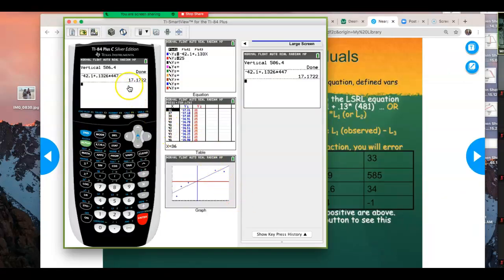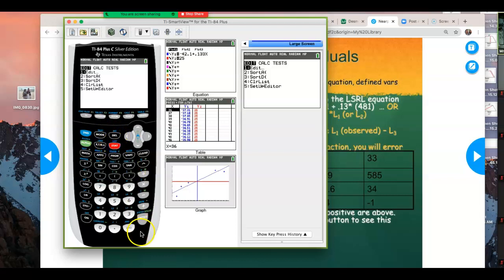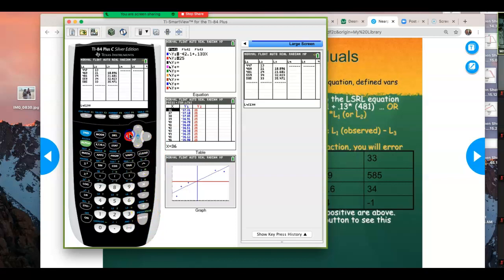Okay, I just plugged in 447 into the calculator. I found the predicted values in list 3. I'll do it again since you guys didn't see it.